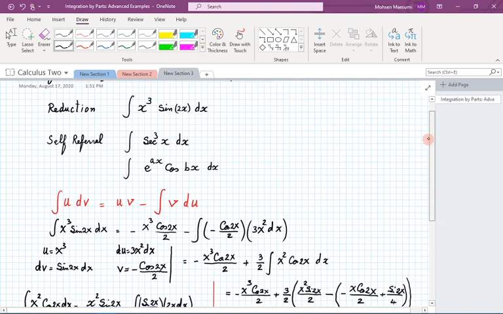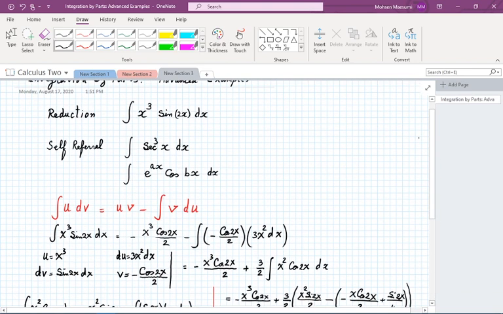Okay, so again, what was the idea of the method of reduction? Typically a polynomial times some other function that we can integrate easily, and then by repeated use of integration by parts, the power of this polynomial goes down until it hits 0, and at the very end we are going to have just some function related to this emerging.